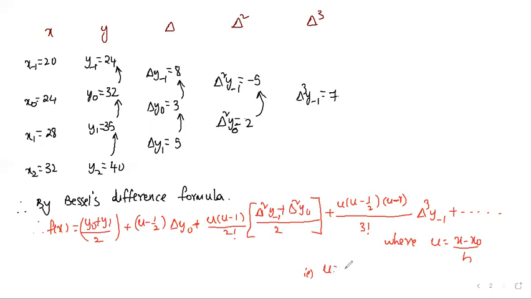That is u is equal to x, which is 25, and x naught is 24, h the difference is 4. That is equal to 0.25. Substitute all the values in the given formula.